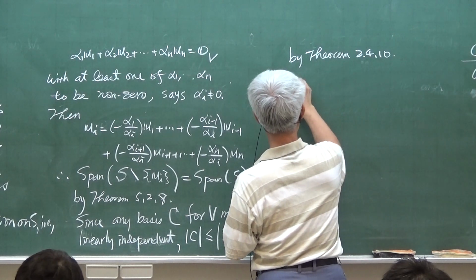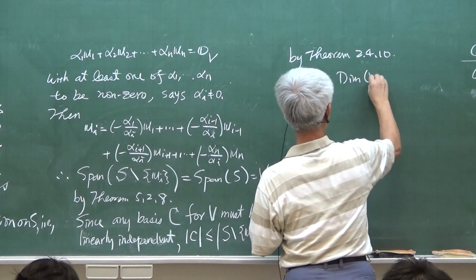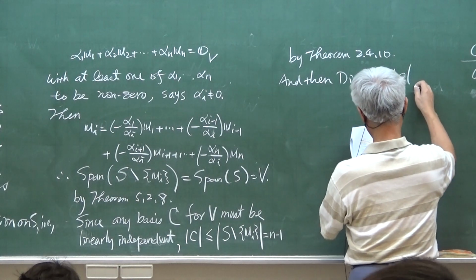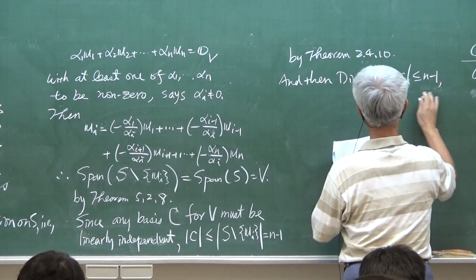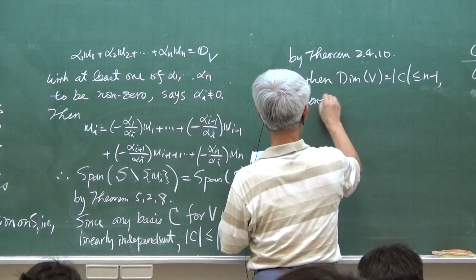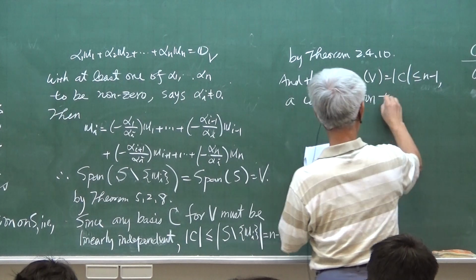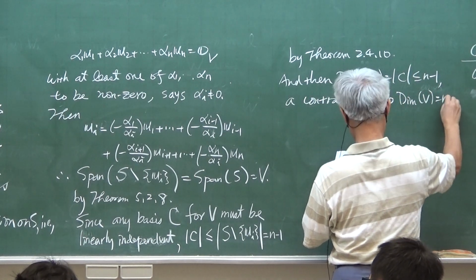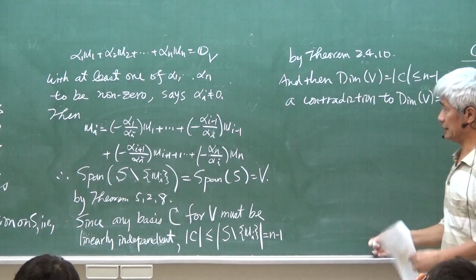And then the dimension of V, which is equal to the size, will be less than or equal to n-1. So this is a contradiction to the dimension of V being equal to n. Okay. So this is a contradiction.